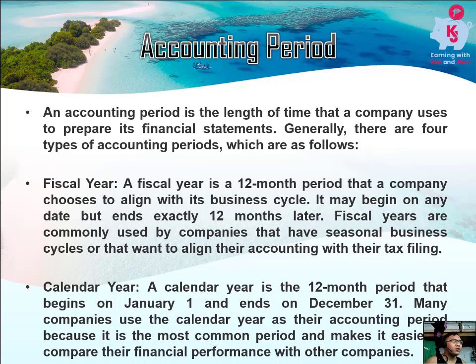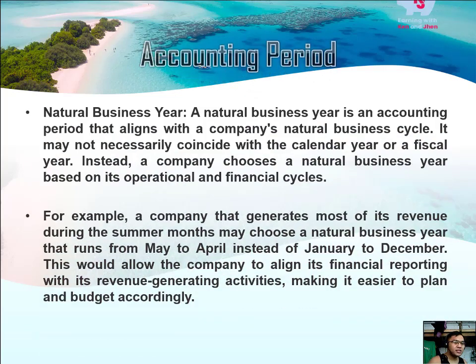Calendar year, ito naman yung calendar yung ibig sabihin saktong-saktong January 1 hanggang December 31 yung period. So, this calendar year is a 12-month period that begins on January 1 and ends on December 31. Many companies use the calendar year as their accounting period because it is the most common period and makes it easier to compare their financial performance with other companies.